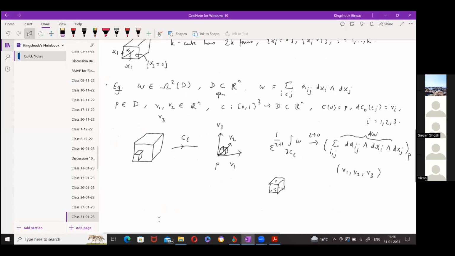That's the following calculation. d of df is d of the sum over i of del f del xi dxi. By definition, this is the sum over i of d of del f del xi wedge dxi.